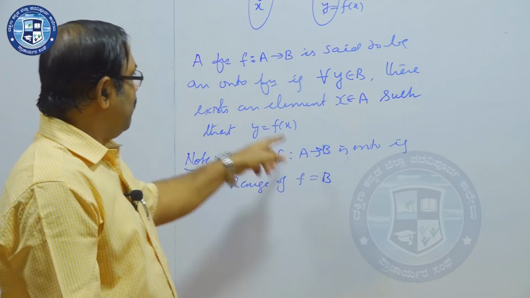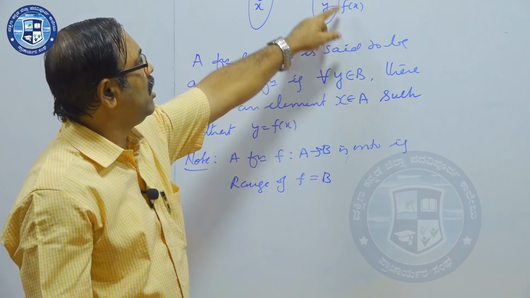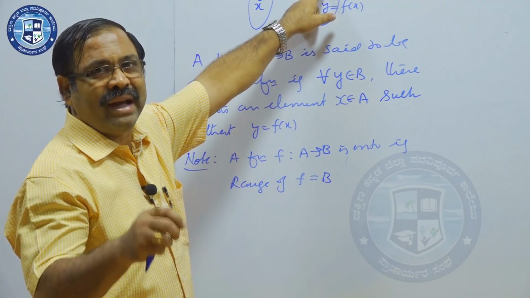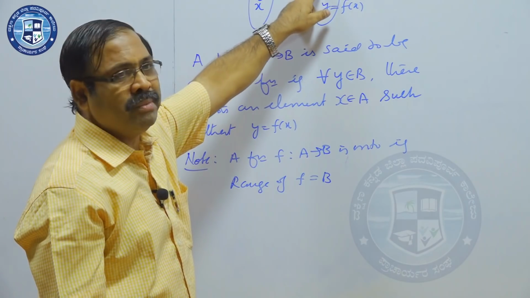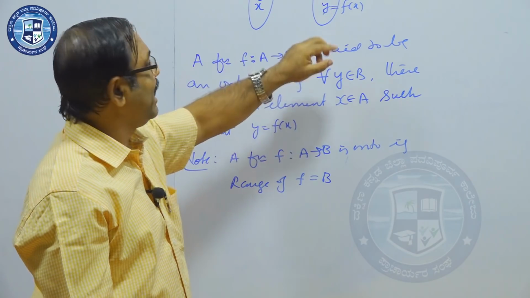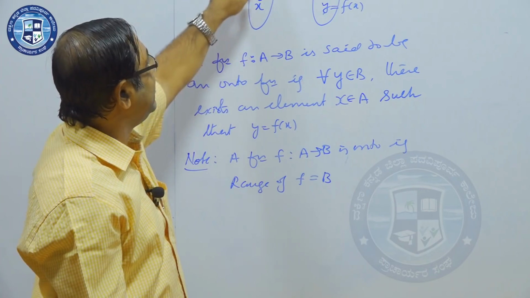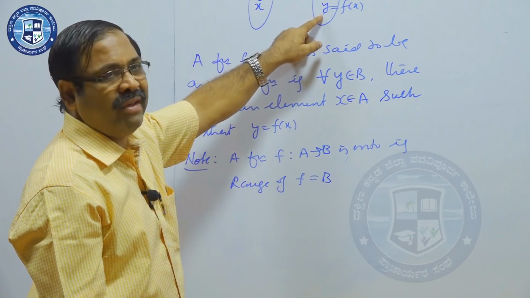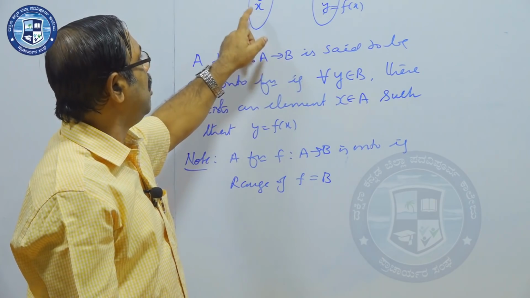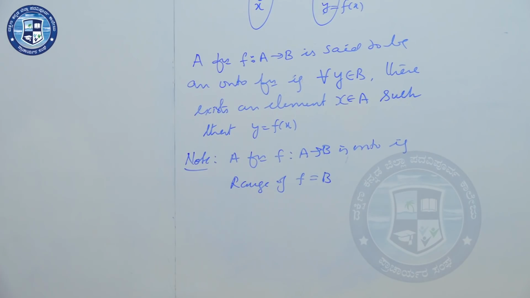So for each y belonging to B, you are finding a corresponding element x in the domain set, such that this y always becomes the image of this x. Y is the image of x.